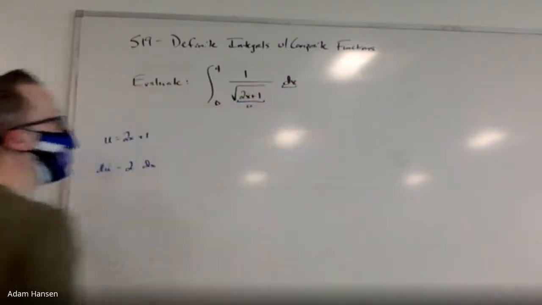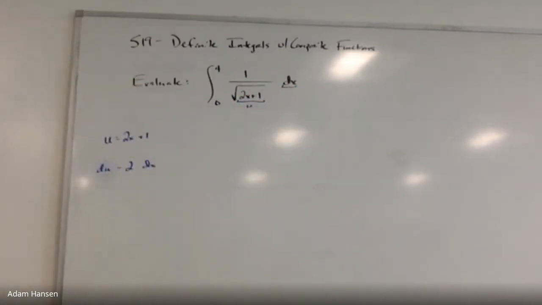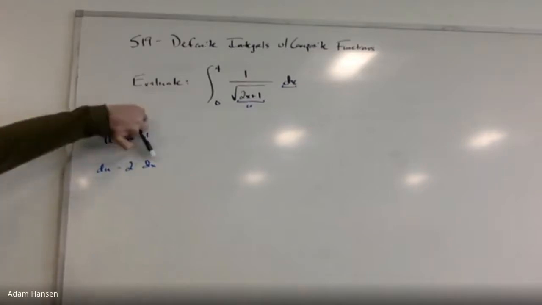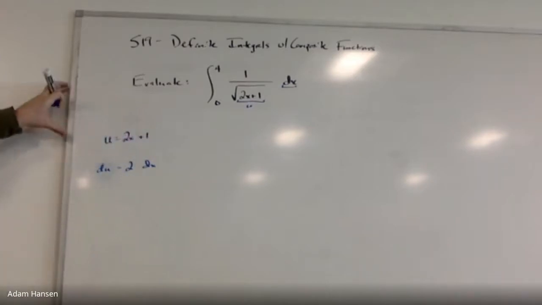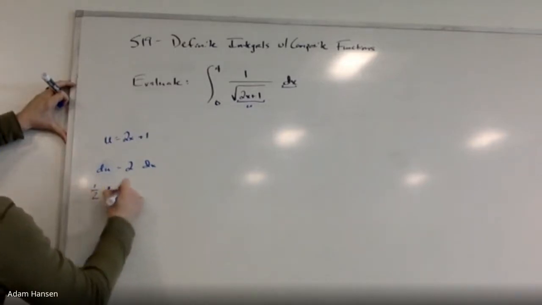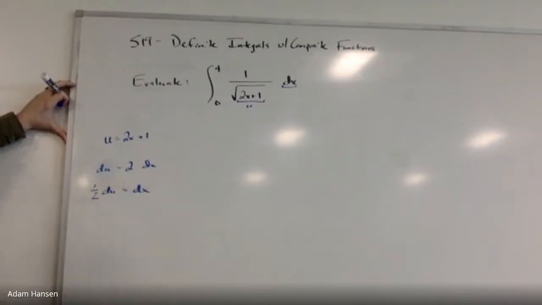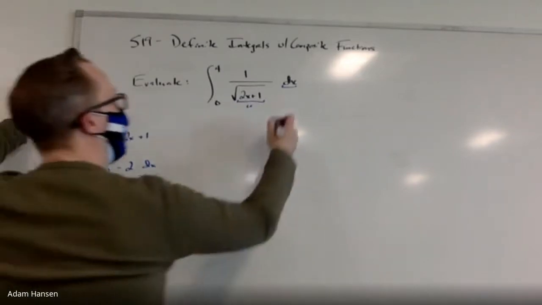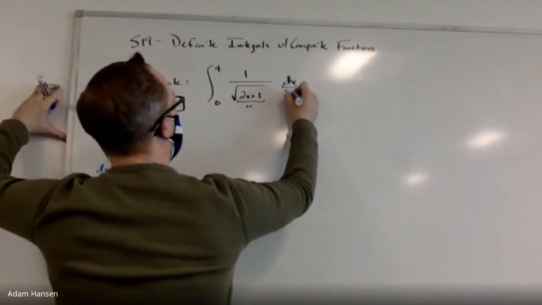What's dx equal to? I have 2 dx. What would dx be equal to? Du divided by 2, or just half du? Luke said take du divided by 2, or similarly, 1/2 du is dx.